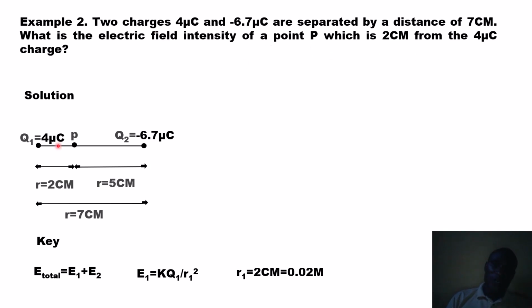So we will first of all deal with this one. r is 2 centimeters. Then if you convert it to meters, it will give us 0.02 meters. Then after you punch everything together, it will give us 9 times 10 raised to the power of 7 Newton per coulomb.